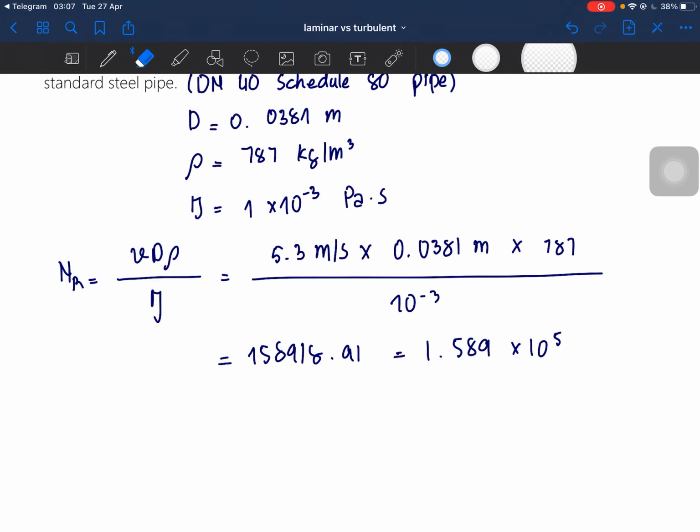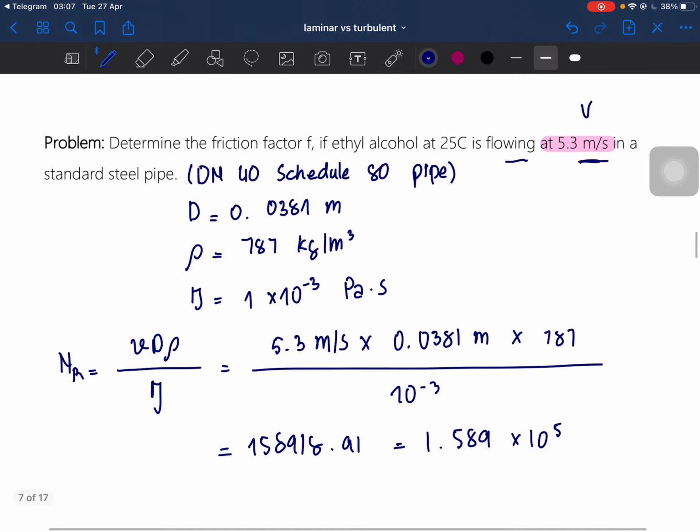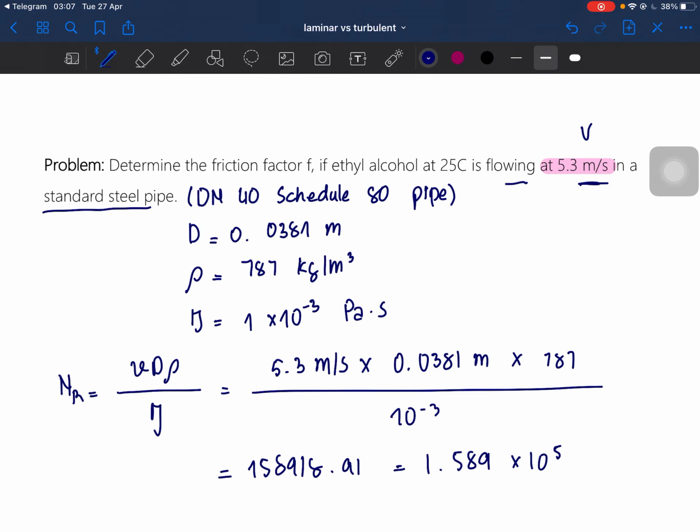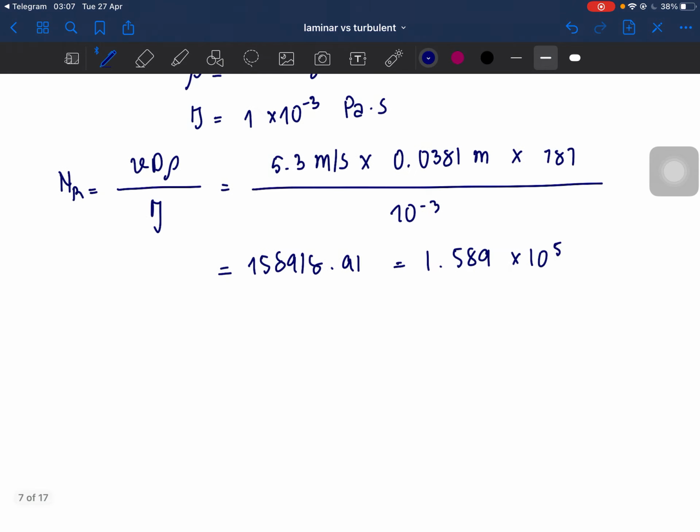So now for the steel pipe, because it says standard steel pipe with this specific name, if you look in the table, you can get epsilon equal to, I'm sorry if I call these symbols wrong, but I think it's epsilon, 4.6 times 10 to the minus 5 meter.